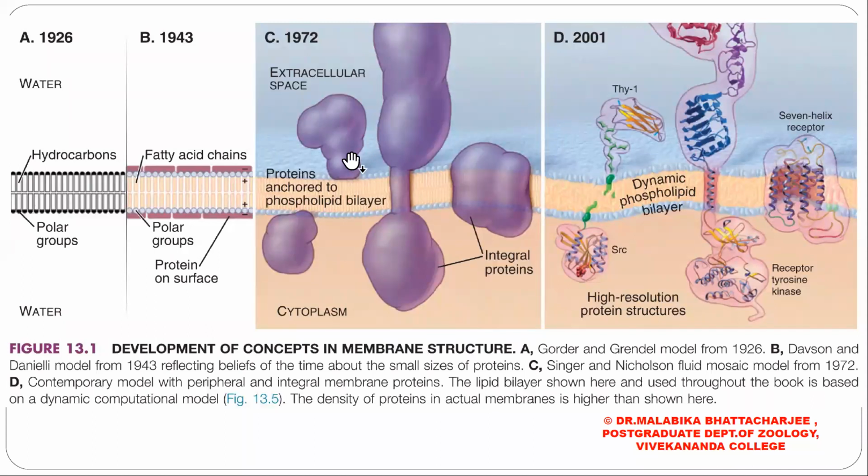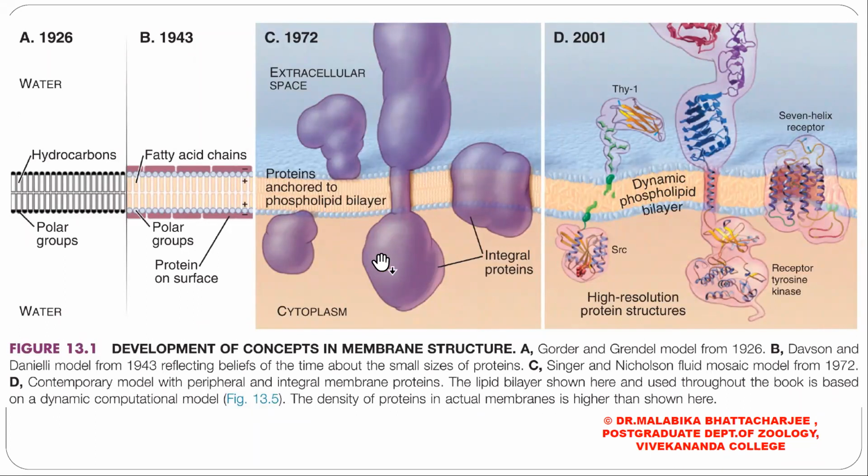And you see that there is another category of protein which is attached to the surface of the phospholipid bilayer. These proteins are anchored to the surface of the phospholipid bilayer. So these are the peripheral proteins. He developed the concept that proteins are of two types found on the membrane.